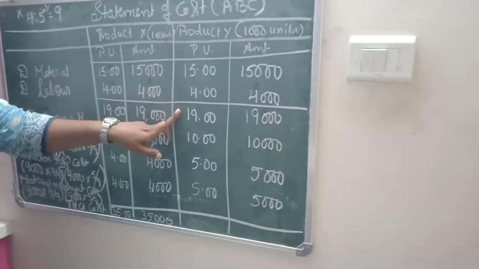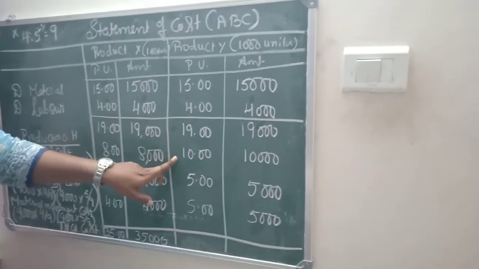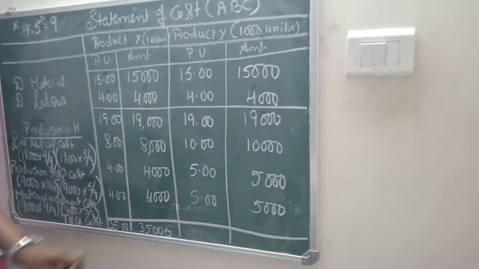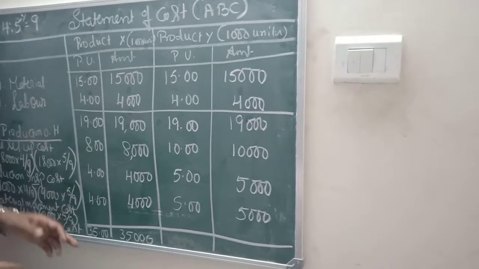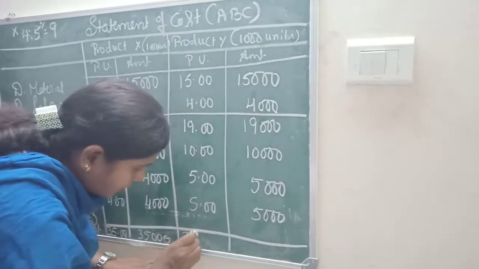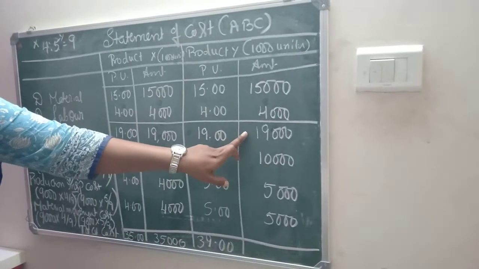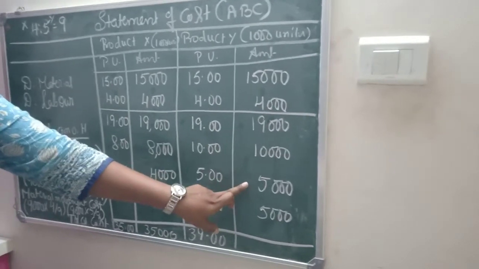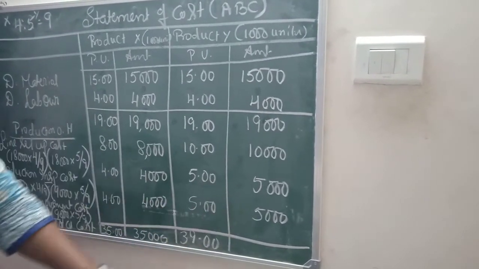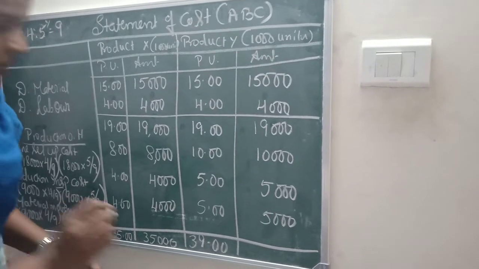Next, 19 rupees plus 10 rupees plus 5 rupees plus 5 rupees gives 39 rupees. Therefore, total 19,000 plus 10,000 plus 5,000 plus 5,000 is 39,000 rupees.